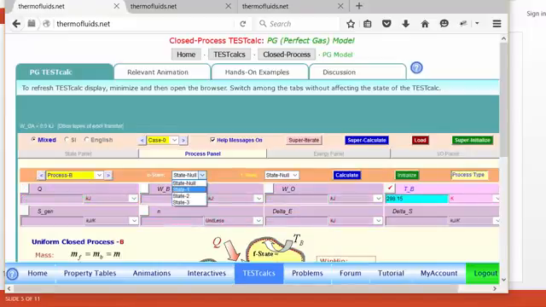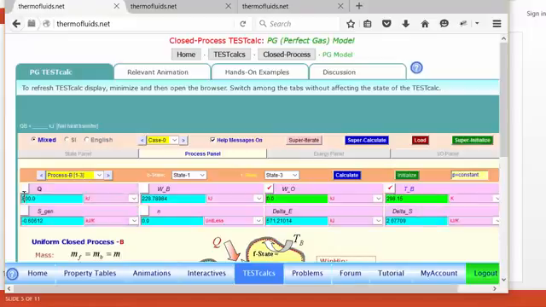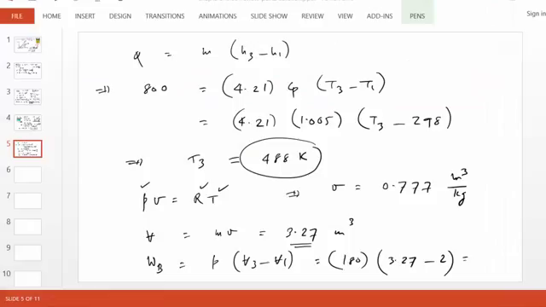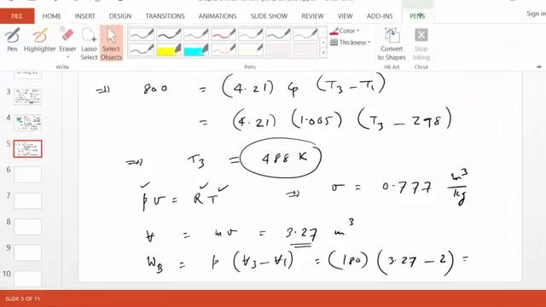Now it goes from state 1 to state 3. Notice the boundary work is immediately calculated because the TESTcalc recognizes that the pressure remains constant. Other work, meaning shaft and electrical work, is 0, so we put that in, and Q we can now calculate because we already put it in, our state is completely known, so 800 kilojoules. Boundary work is found, 228, so I bet this will be 228 if we calculate this.